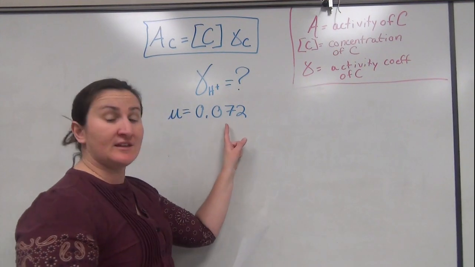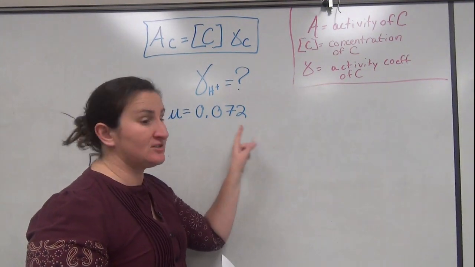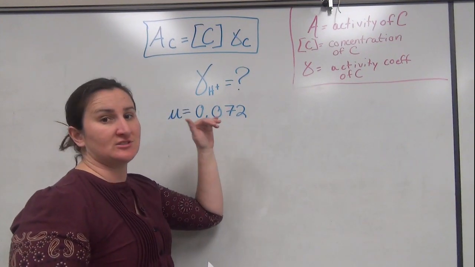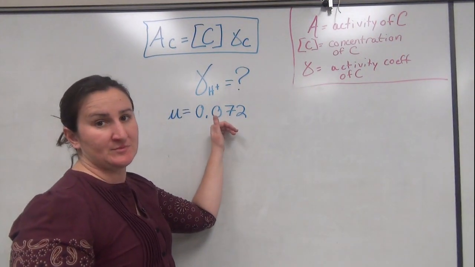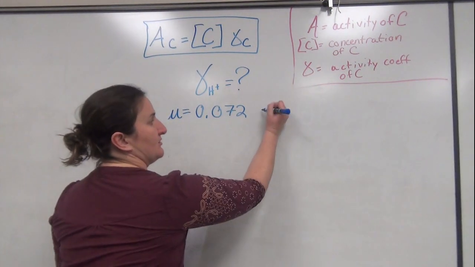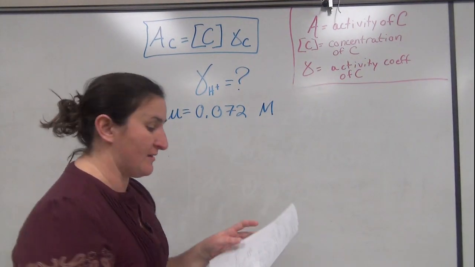If it's 0.072 from sodium chloride, or 0.072 produced by magnesium sulfate, it doesn't matter. Ionic strength just tells you the net charge, basically, of the solution. Now I need my units, molar. So now that I've got my units, let's look at the table.